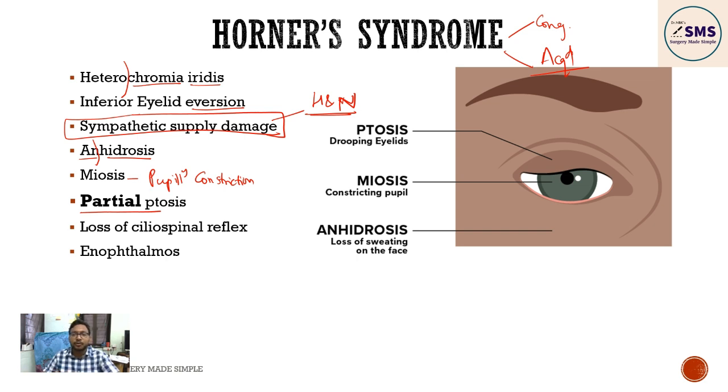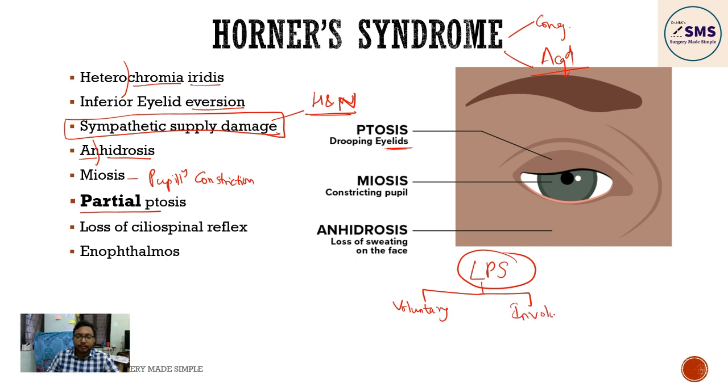Right? Next, partial ptosis. Why only partial ptosis? Why not complete ptosis? So here you should understand one concept. Normally, for the elevation of your eyelids, upper eyelids especially, you have got the levator palpebrae superioris muscle, and this has got two parts. One is the voluntary part, second one is the involuntary part.